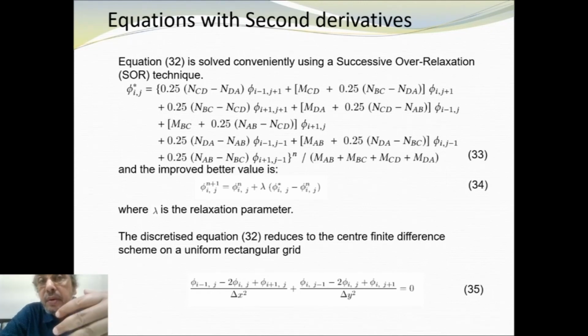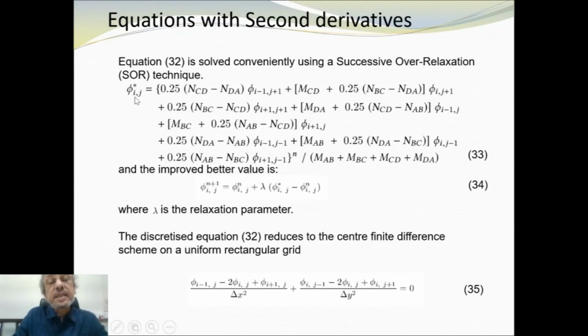If we are going from n to n plus 1, we are not calling it n plus 1. You can say it is pseudo n plus 1, and then this star term can be the initial evaluation.